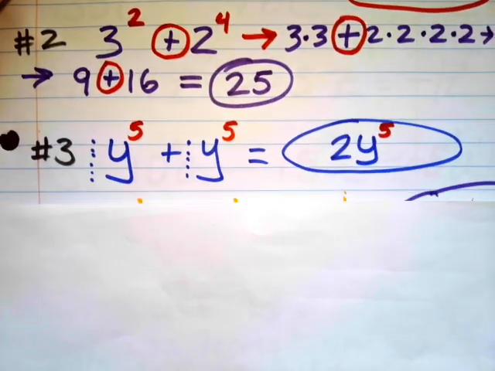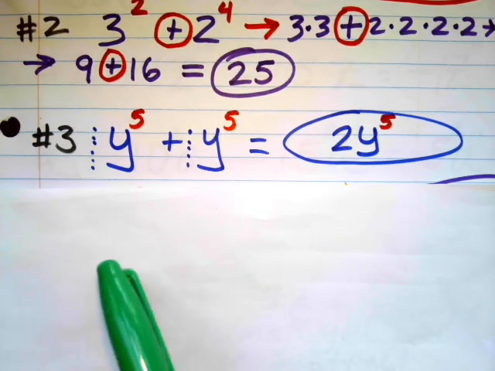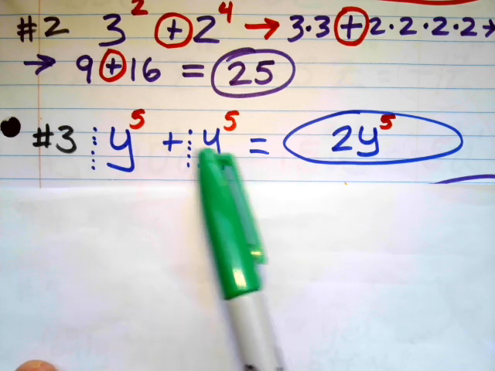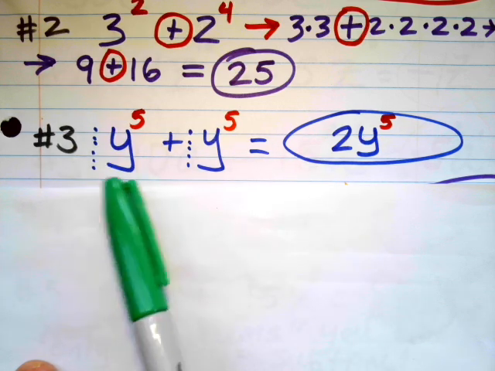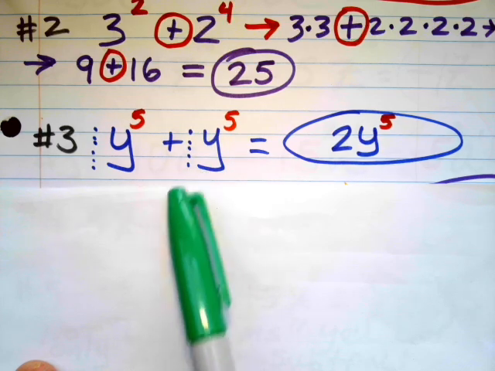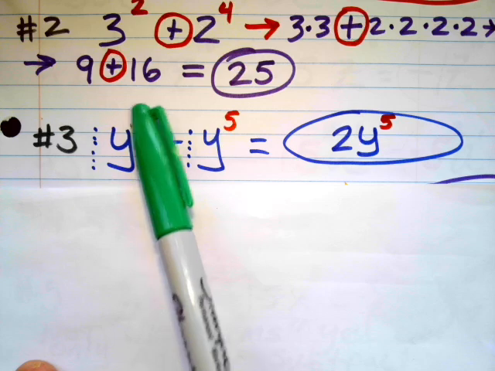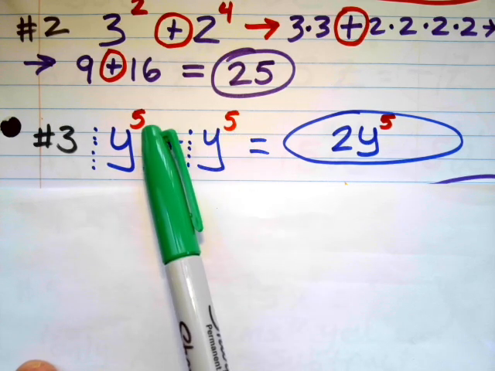Example number 3. We're going over adding again with exponents. We have a base of y and a base of y. The bases are the same. Before I do anything, if there's no number in front of your letter, show that invisible one, as we talked about in the prior video. If you don't have an exponent, show that invisible one. But here we do have an exponential power of 5.